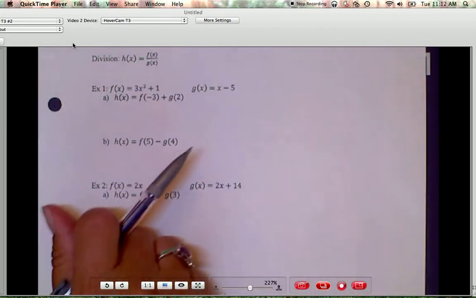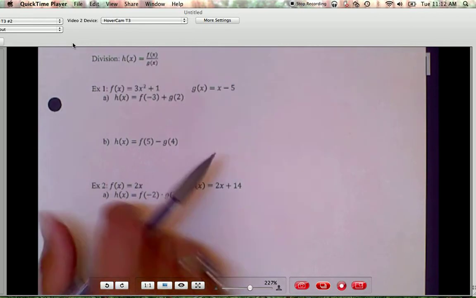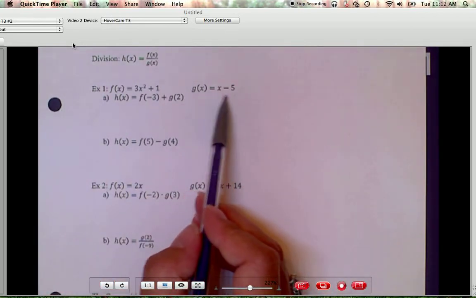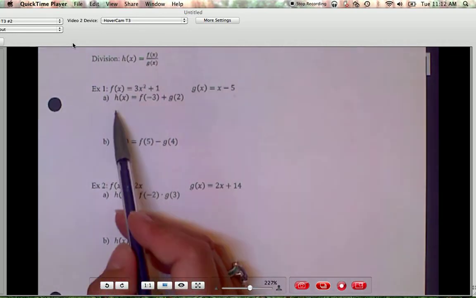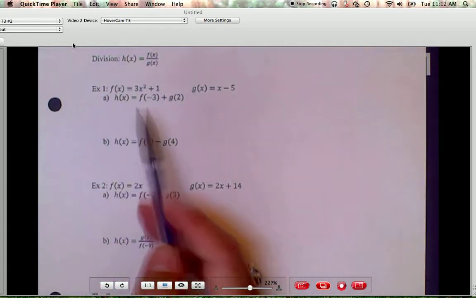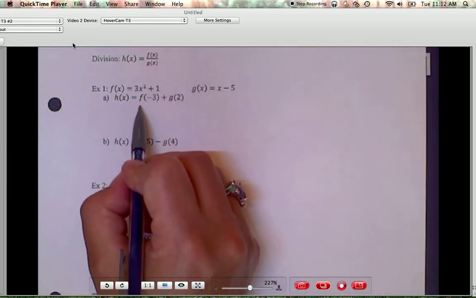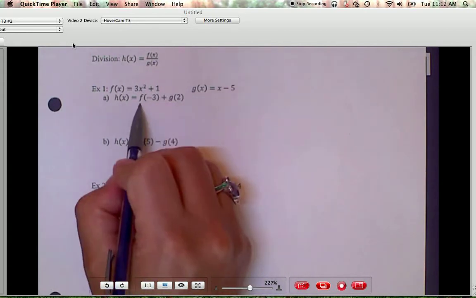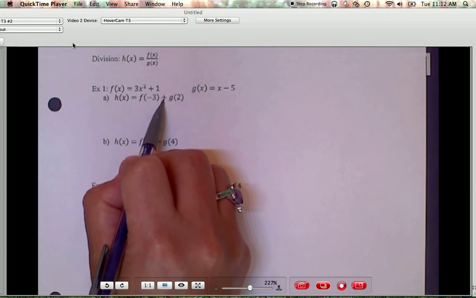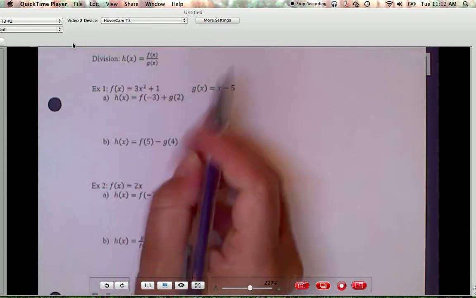Example 1 says f of x is 3x squared plus 1, and g of x is x minus 5. We want to figure out a composite function, h of x, which is equal to f of negative 3 plus g of 2. We find each of these individually, and then we do what the operation says, which is add them together.